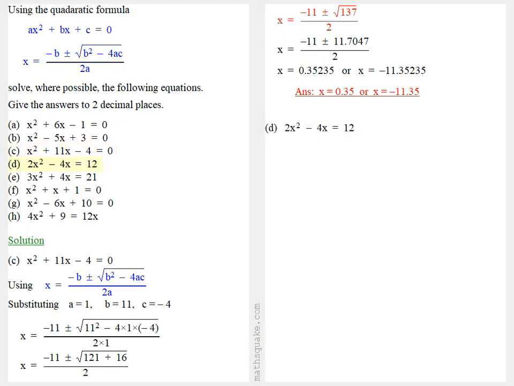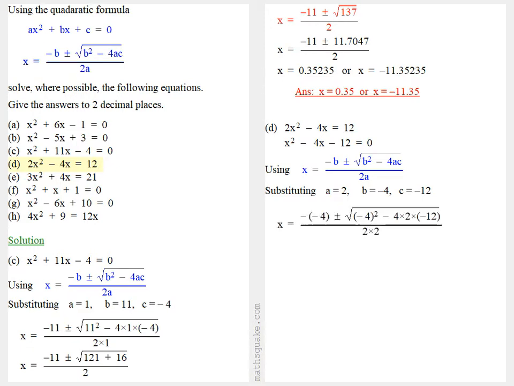In part D, we have 2x squared minus 4x equals 12, which we can put in standard form as 2x squared minus 4x minus 12 equals 0. So when we substitute it in the formula, we have a is equal to 2, b is equal to minus 4, and c is equal to minus 12.